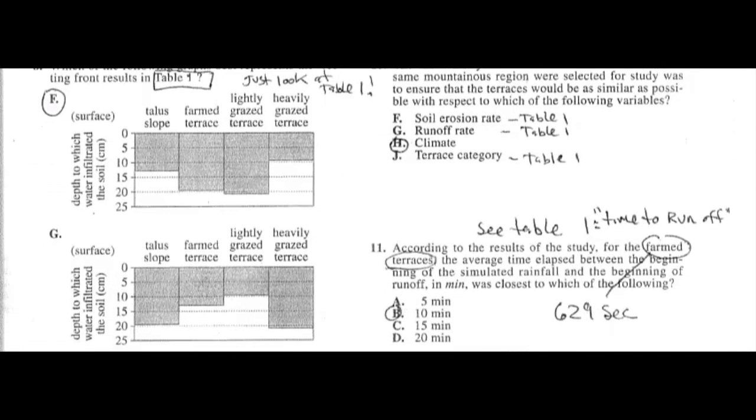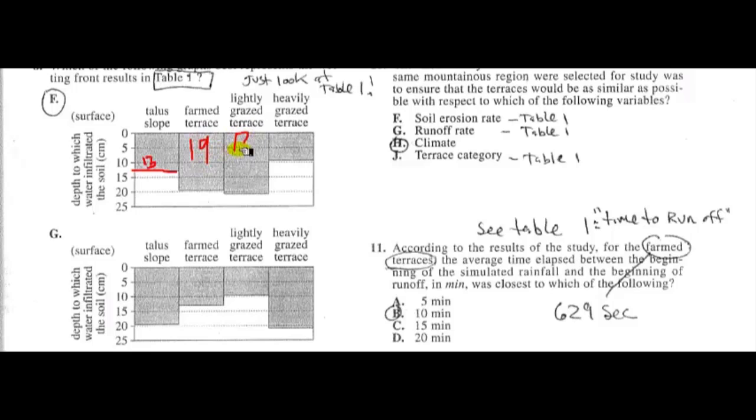Let's scroll back down and take a look at some answer choices. If you look at answer choice F, F has the correct answer because here is the bar graph, 10 and 15, halfway between is about 13. That's what you saw from the bar graph here. And then this one here, the farm terrace, remember, was 19.